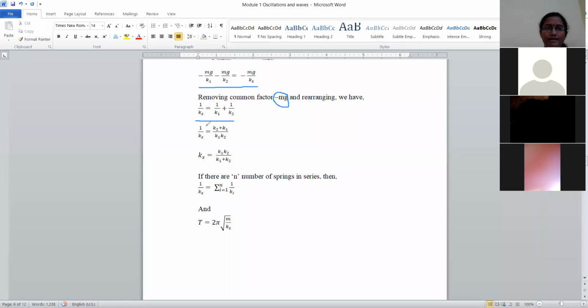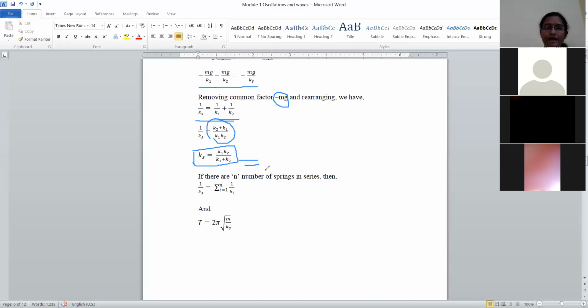So taking the LCM for the RHS, we have K2 plus K1 divided by K1 into K2. So this is equal to 1 by Ks. So Ks is equal to K1 K2 divided by K1 plus K2. This is the force constant for the combination of two springs, S1 and S2.